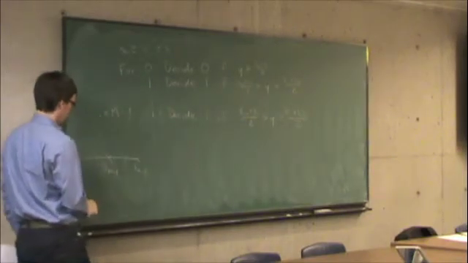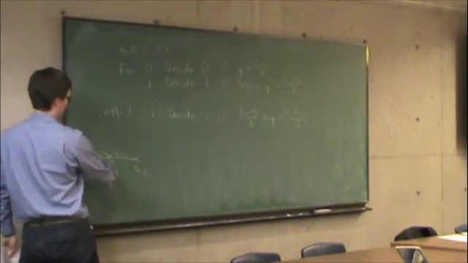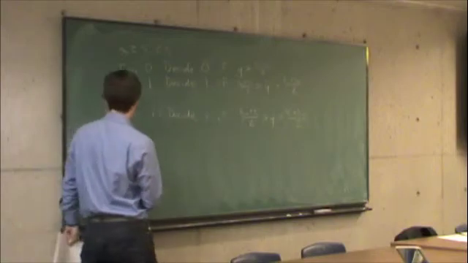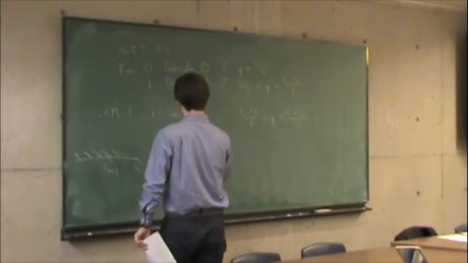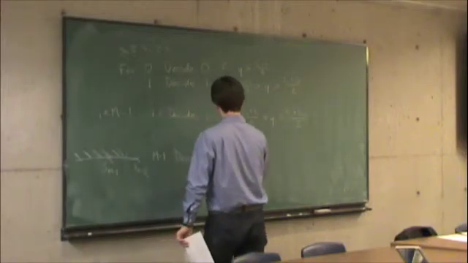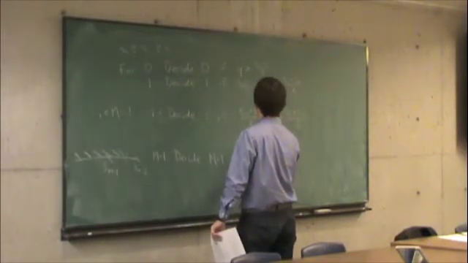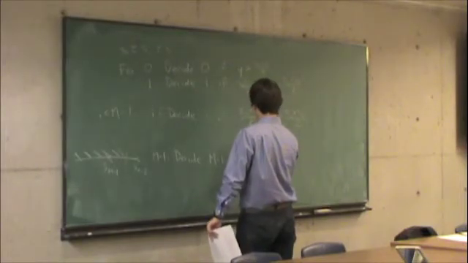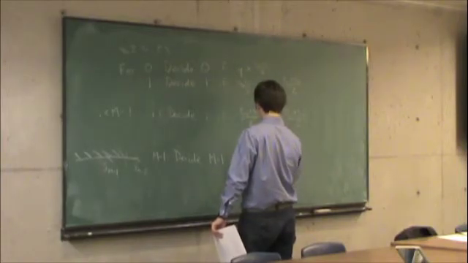Sm minus 2 would be here. So everything to the left of halfway between Sm minus 1 and Sm minus 2, I would decide m minus 1. That is, if y is less than Sm minus 2 plus Sm minus 1 over 2.